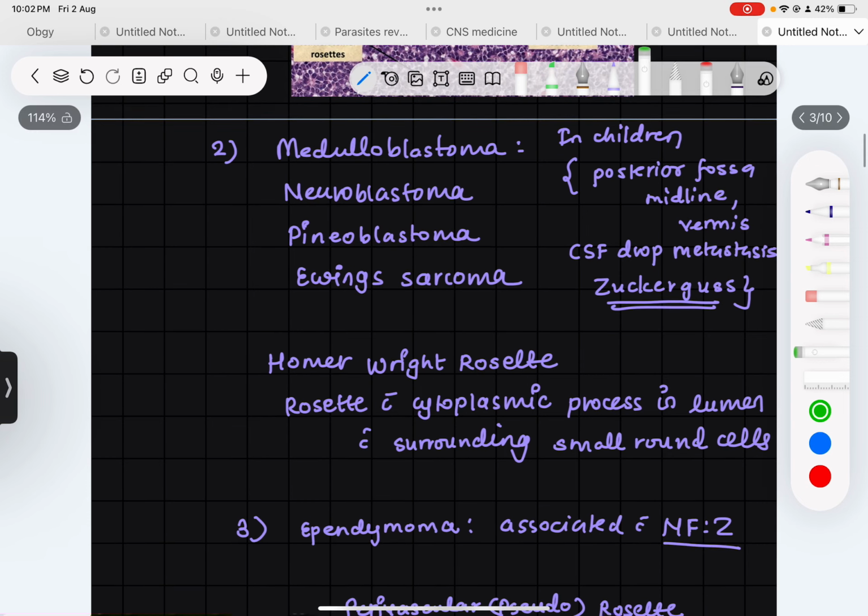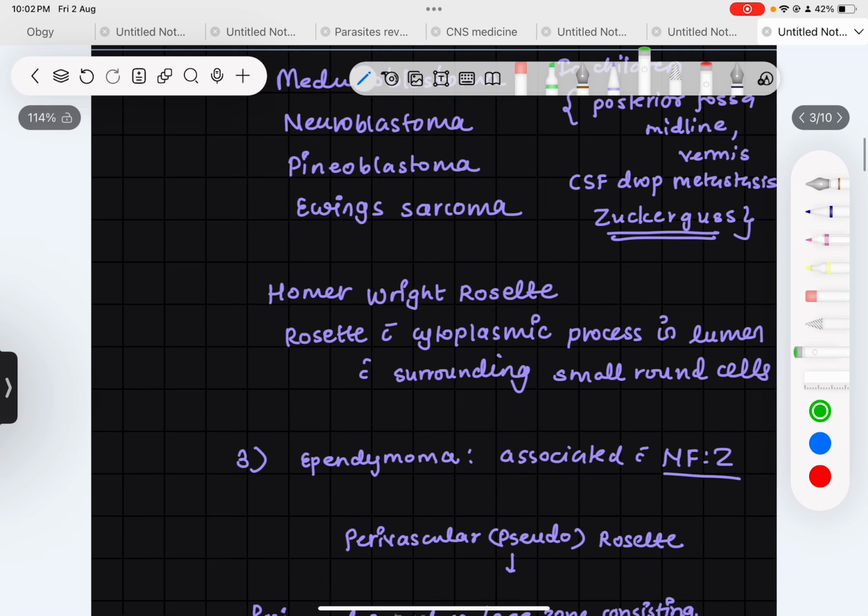In medulloblastoma there will be Homer Wright rosettes, meaning pseudo rosettes, which are rosettes with cytoplasmic processes in the lumen with surrounding small round cells. All the other tumors which have this Homer Wright pseudo rosette are neuroblastoma, pineoblastoma and Ewing sarcoma.